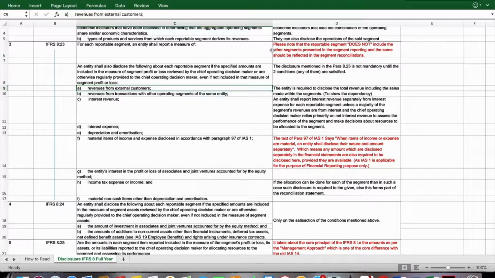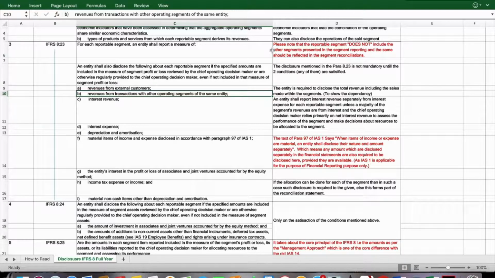We sell goods to other segments within the firm, and we may sell goods to outside customers. So under the reporting, we need to report both what we have sold within the entity and what we have sold outside the entity. The first one deals with external customers, the second one deals with what we have sold within the entity, which means department 1 to department 2. The third one would be the interest revenue, and the fourth one would be the interest expense.